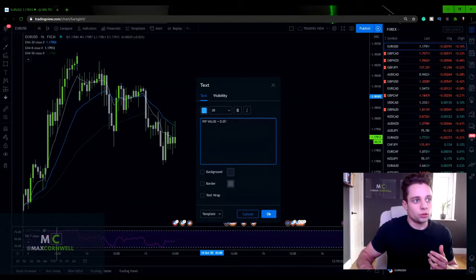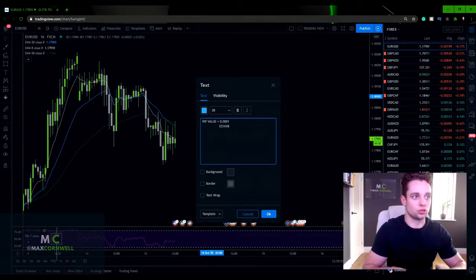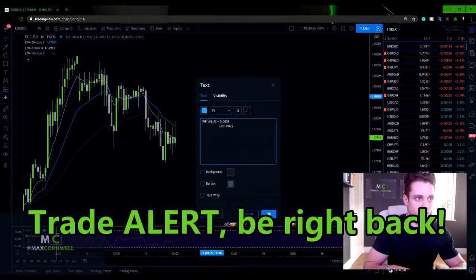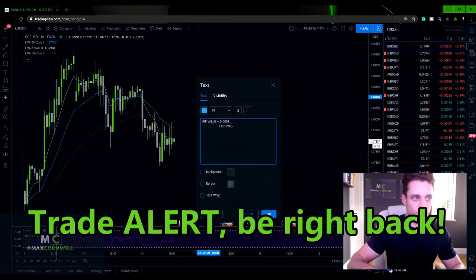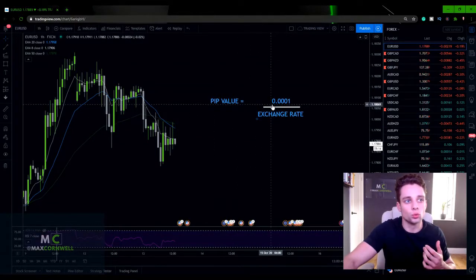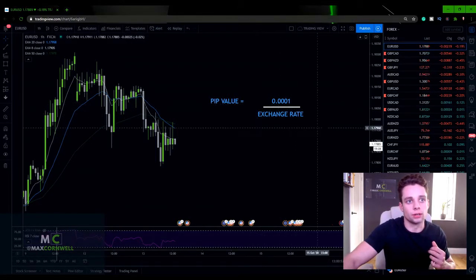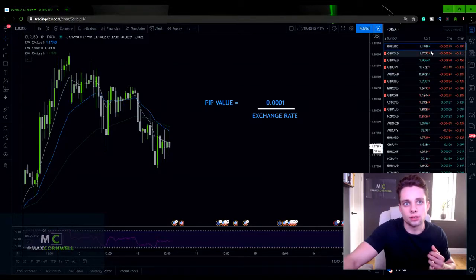So the formula for calculating pip value is 0.0001, the 1 pip, divided by your exchange rate. So to determine the pip value, we need to do 0.0001, so 1 pip divided by our exchange rate. And our exchange rate is this value here, so the number that has been quoted.